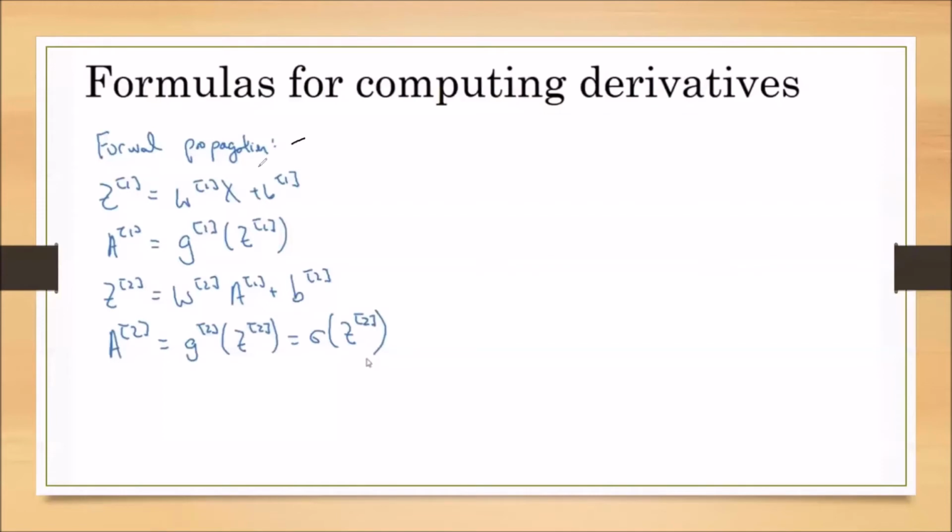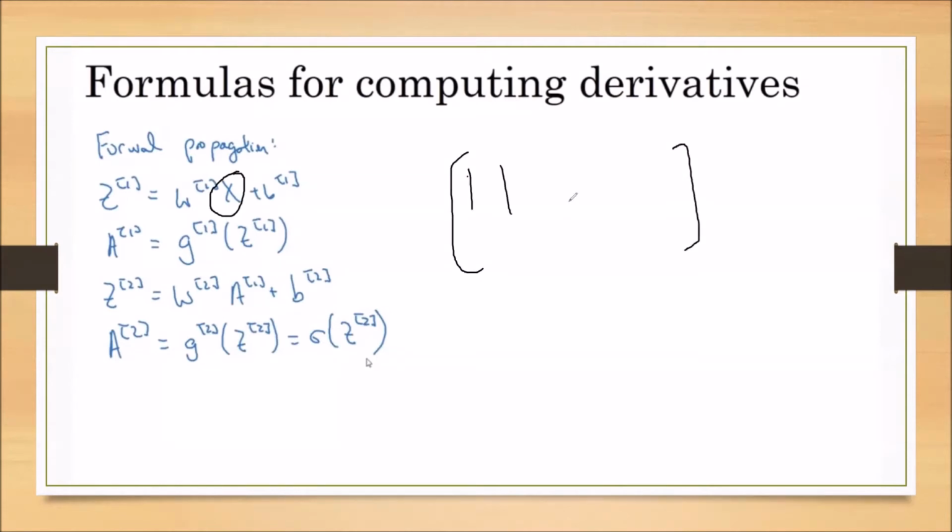First, in the forward propagation, we have calculated Z superscript 1, which is W superscript 1 X plus B1. Remember, every terminology here we have vectorized. X is a matrix consisting of the features of all training samples.